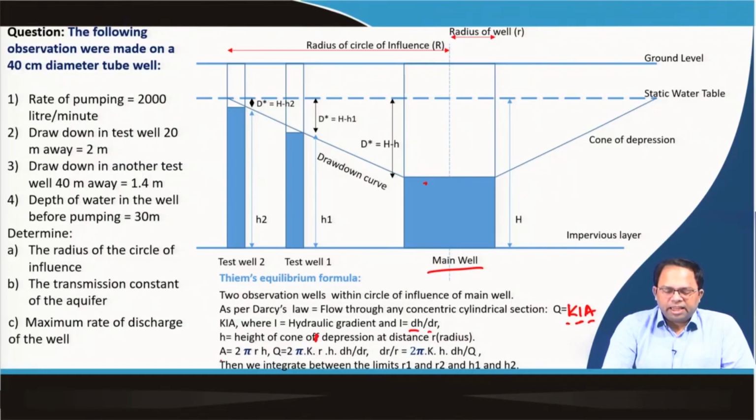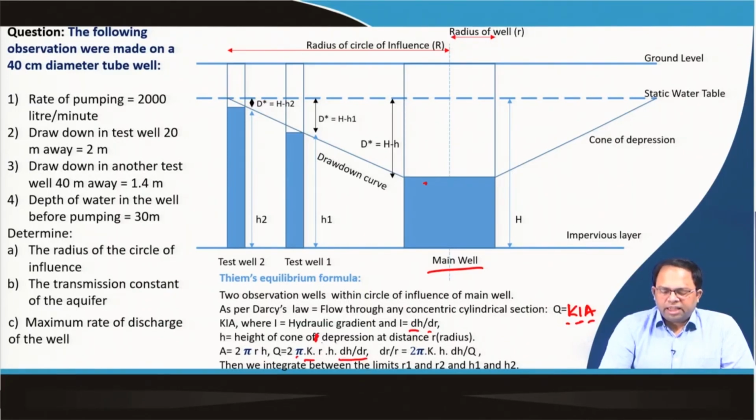Based on this, a, as we just told you, is equal to 2 pi r into h, and so Q will be 2 pi r h into k, this coefficient, into dH by dr, which is the gradient. Okay, so dH by dr is the gradient.